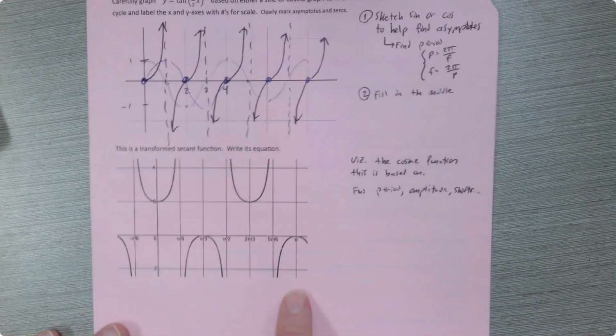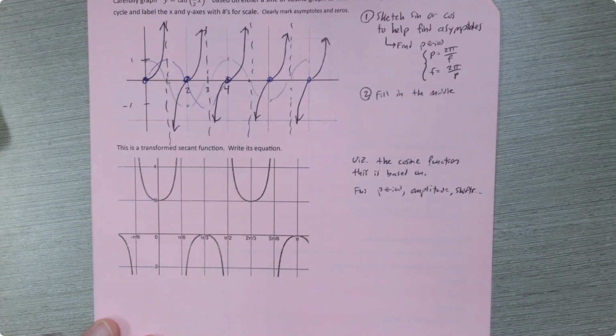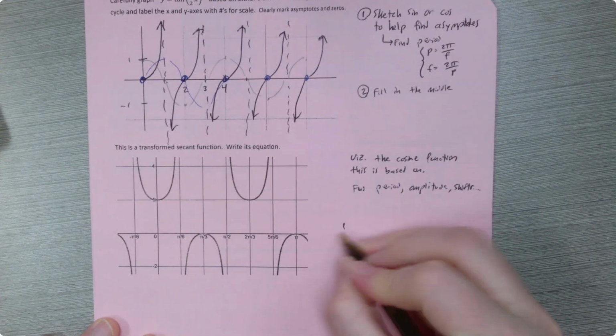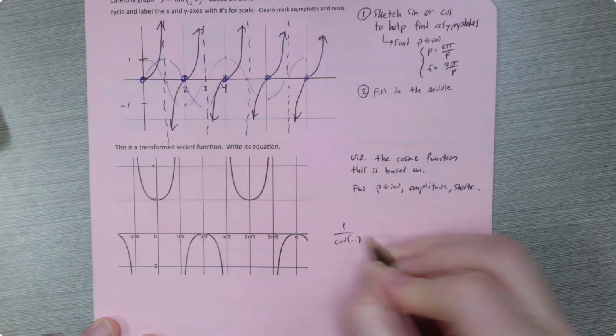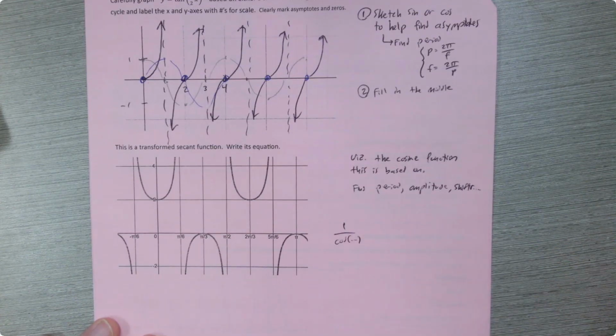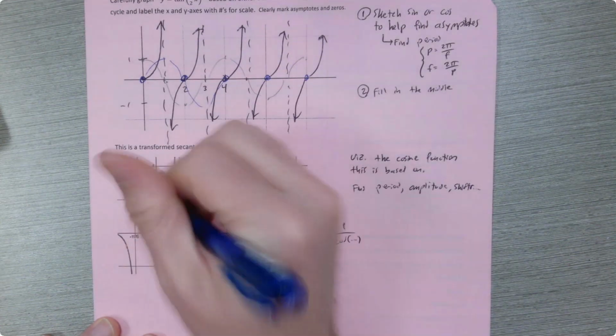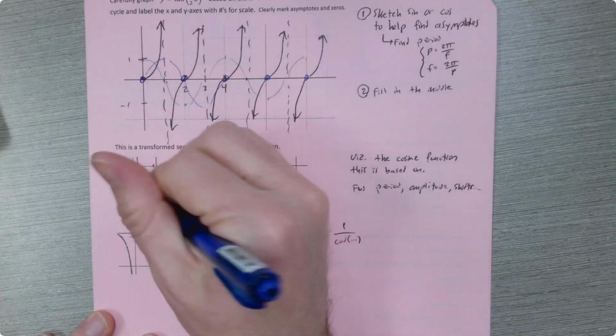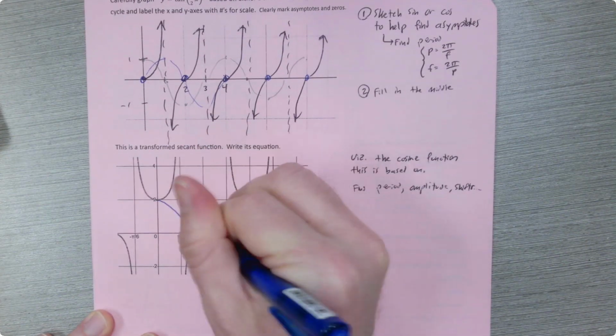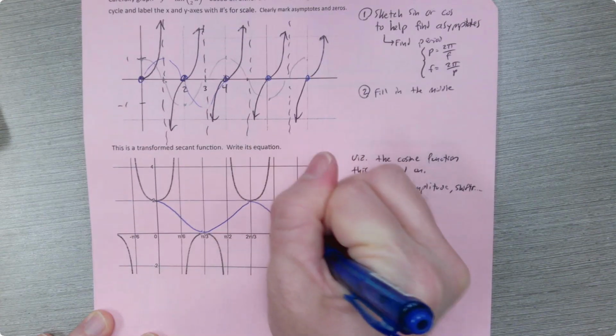Let's look at this one. So this one I said it's a transformed secant function, so we know that secant is 1 over cosine. If it's 1 over cosine, we know that the secant function fits with a cosine function this way.